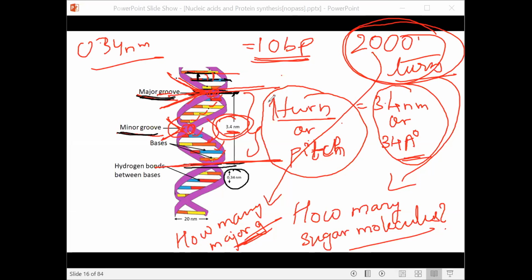One turn has one major groove and one minor groove. So if I say 2000 turns, then it will be 2000 major grooves and 2000 minor grooves. So how are you getting 1000?